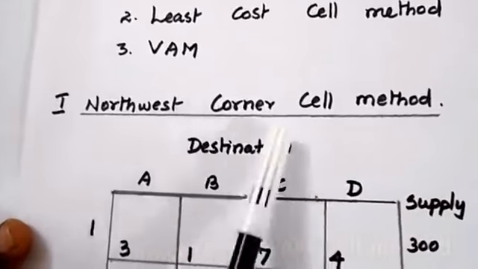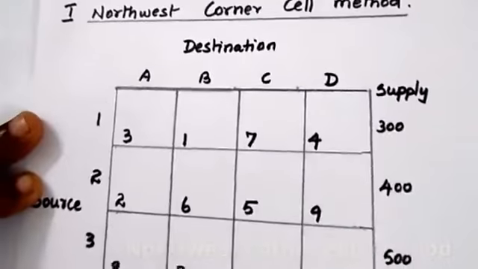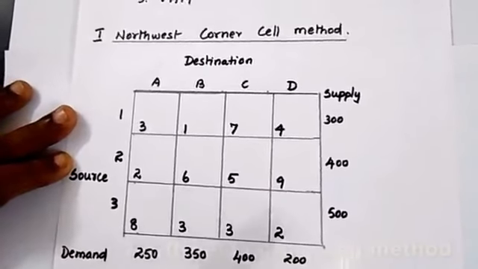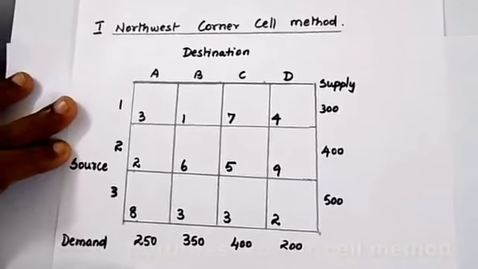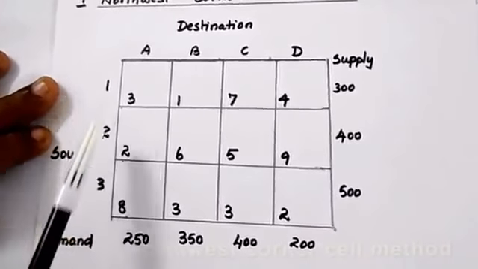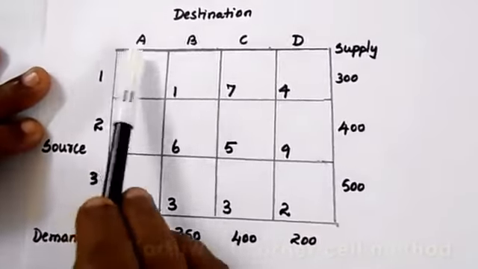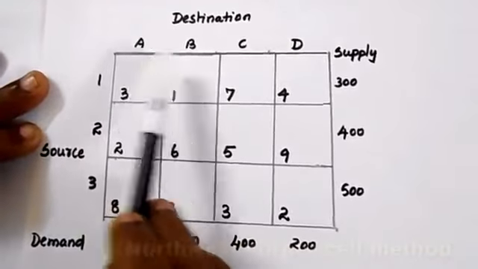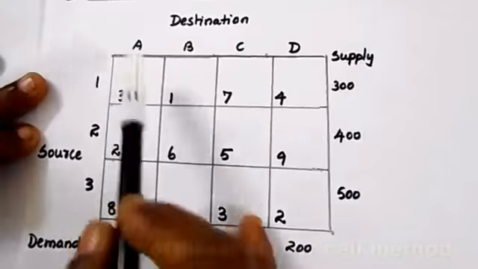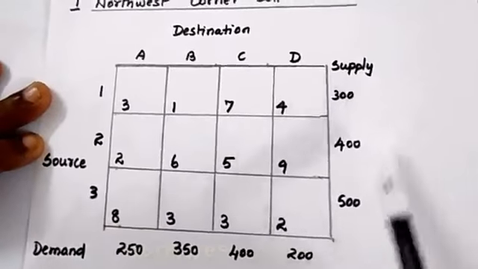The first one is the northwest corner cell method. This is a transportation problem. We have different sources and different destinations. According to this problem, there are three sources, 1, 2 and 3, and four destinations, A, B, C, D. For each source and destination, some value is given.